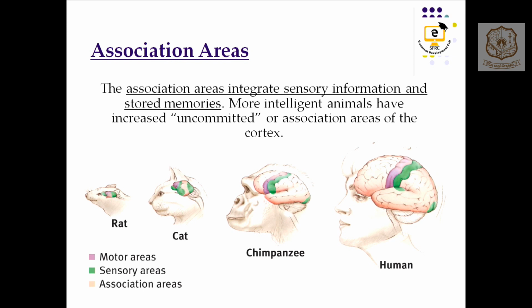Your sensory information here is the movie, and your stored memory is popcorn, so you associate popcorn with a movie. That is why the ability to think is highest in humans. More intelligent animals have increased association areas of the cortex.